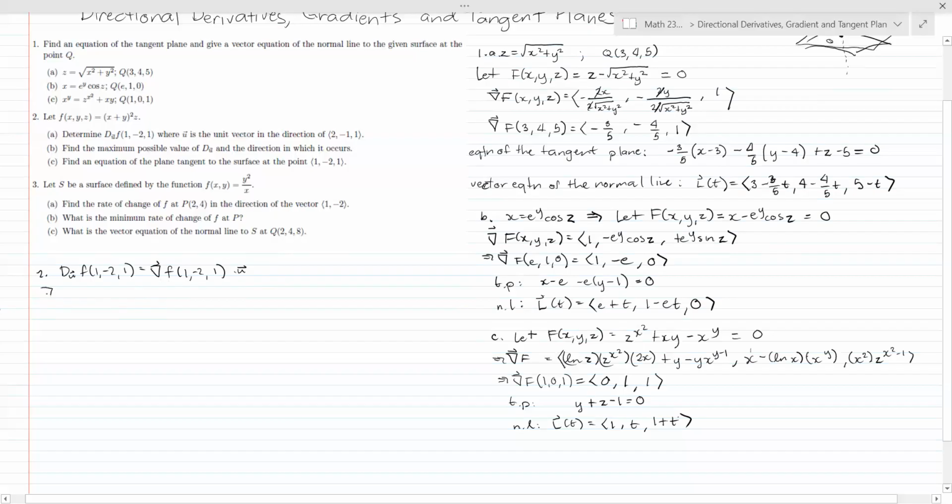So, yung gradient muna ng f, compute natin yung partial ng x, 2 times x plus y, z. Partial ng y is the same, 2 times x plus y, z, and then partial ng z, x plus y squared. Evaluated at 1, negative 2, 1.